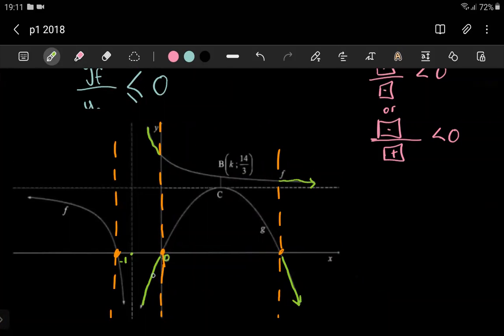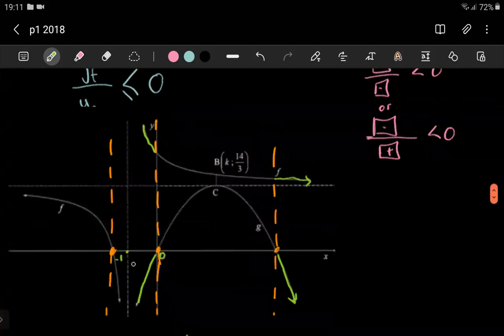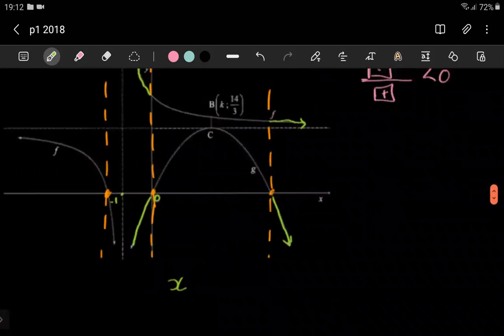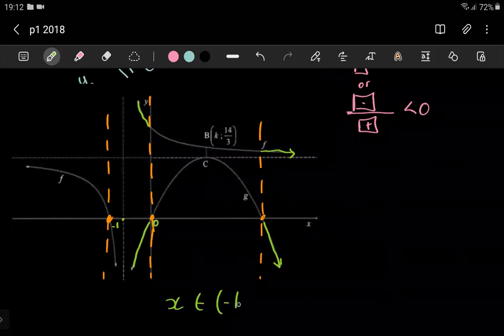Because we can see that this is just going to go down all the way to infinity, but then it will never cross -1. Same here, this will just always go up, but it will never cross the -1. So the portion of our answer here that is valid is x is an element of -1 up until 0.